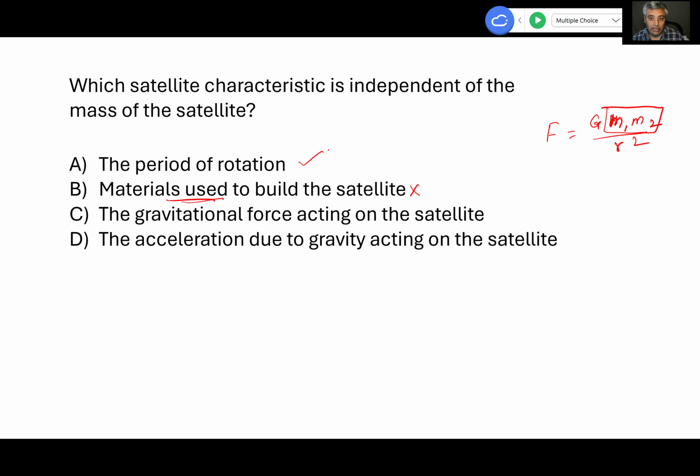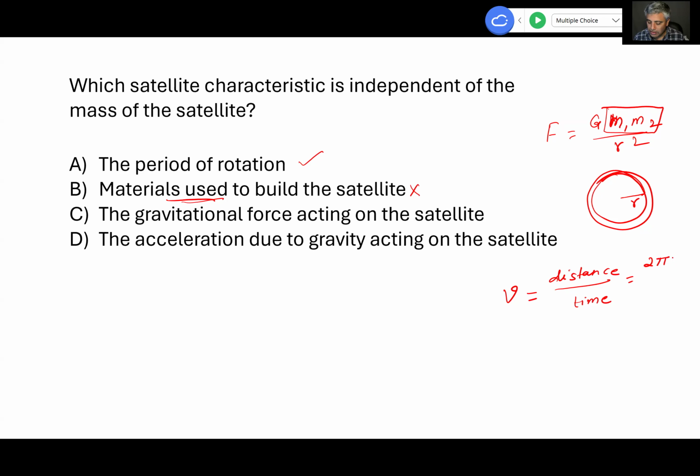And period also does not depend on mass, because speed for an object that's moving in a circle or part of a circle with radius r is distance over time. That means distance is the circumference of that circle.